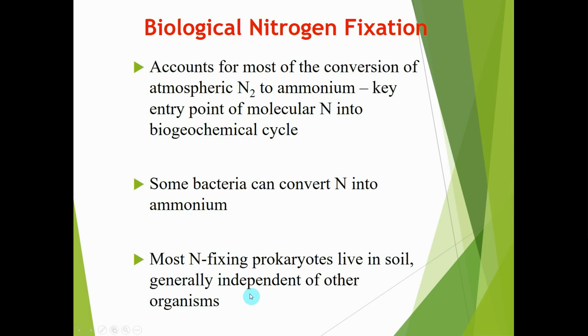And these live in the soil. They are found in the soil. They can be free living, so they can live on their own, and they can take up this nitrogen, fix it and put it back into the soil, and the plants can absorb it that way, or they can be dependent on the plants.